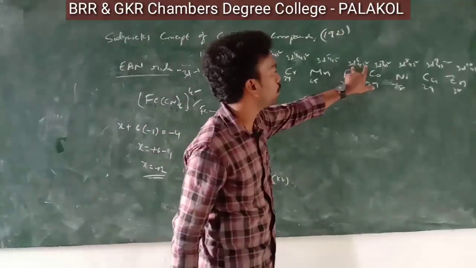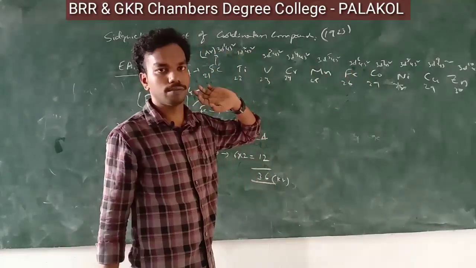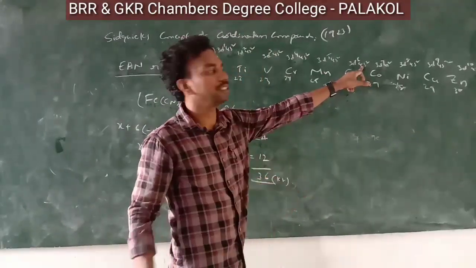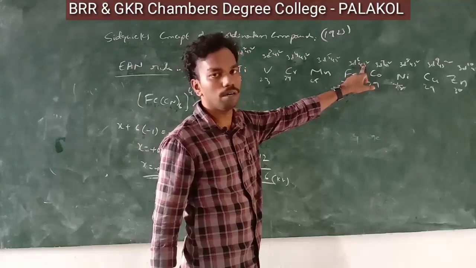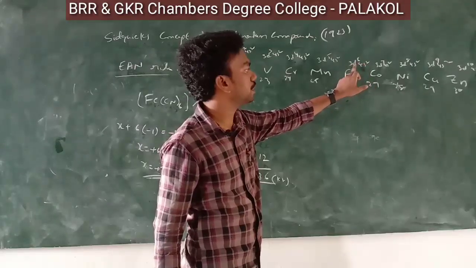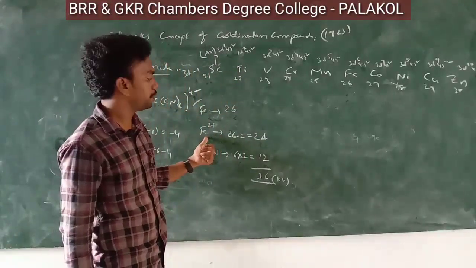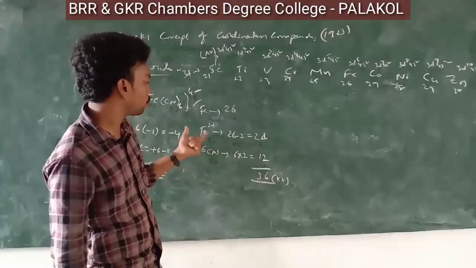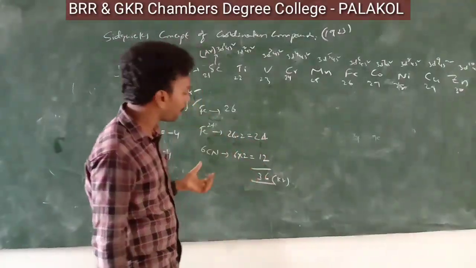Now here it is 3d6 4s2. Two electrons are lost from 3d or 4s? The 4s is the outermost shell, so electrons are lost from the 4s orbital first. So the 2 electrons are removed from 4s. That means the configuration becomes 3d6 4s0 in the Fe +2 oxidation state. The total number of electrons is 26 minus 2, that is 24, plus the electrons donated by the ligands.